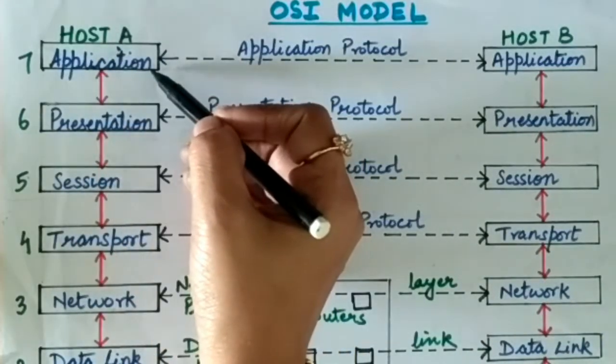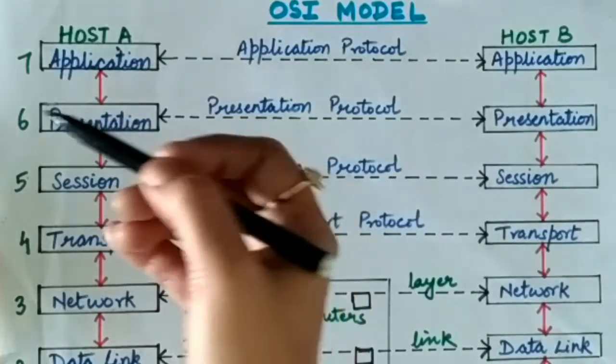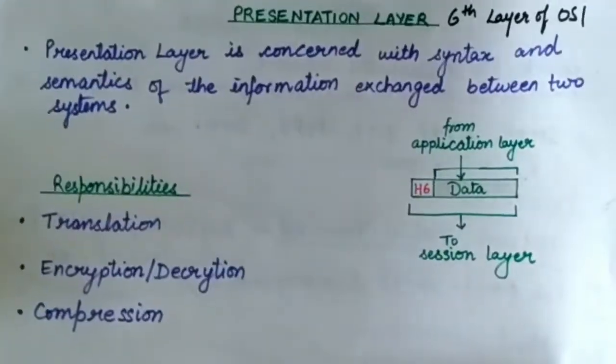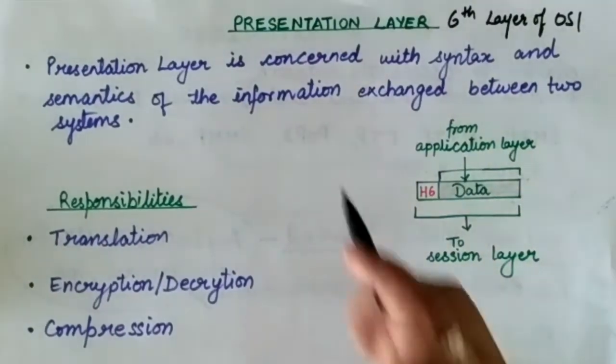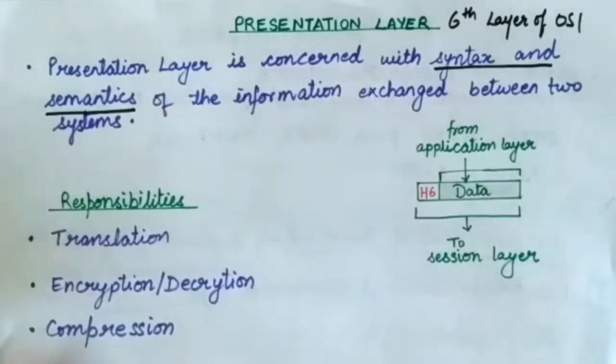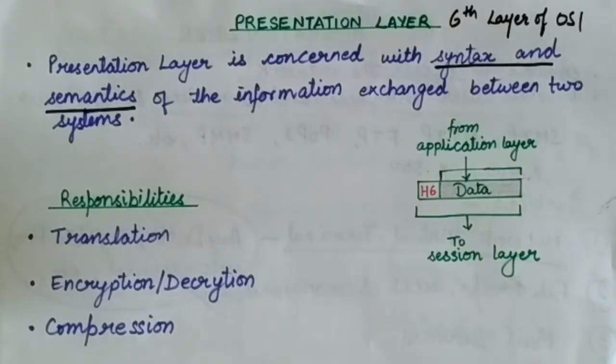Earlier we discussed the application layer. We write the message here, which comes to the presentation layer. Now we will study what happens to that message. The presentation layer is concerned with syntax and semantics of the information exchanged between two systems.